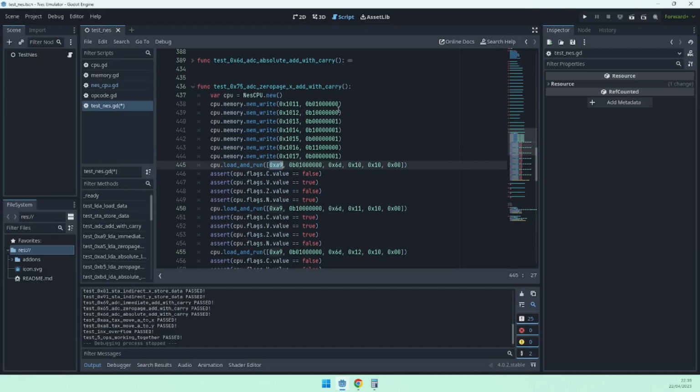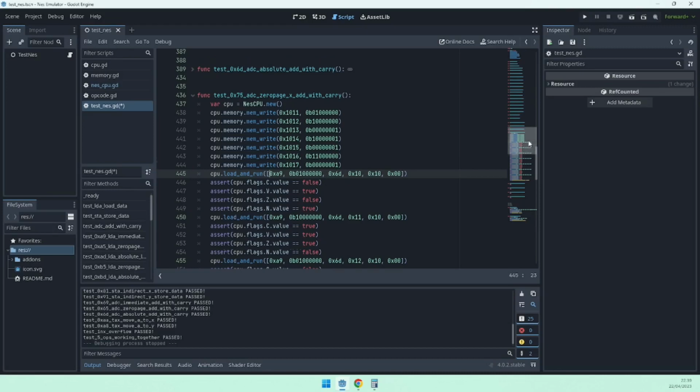So let's load. Actually, x is already a 0, so I can use increase x to have a 1 in it.